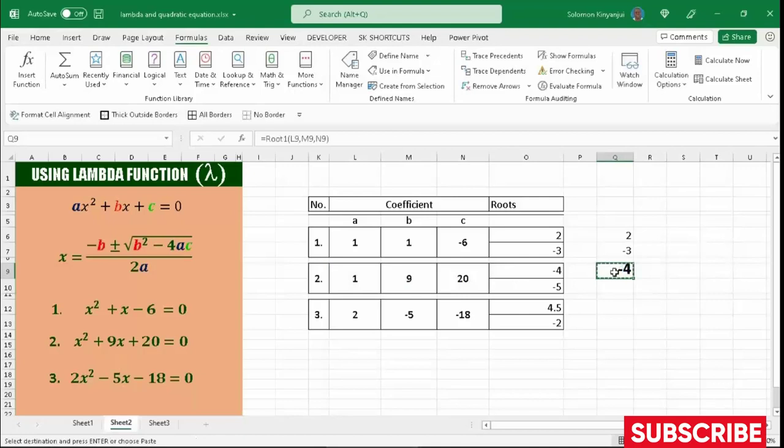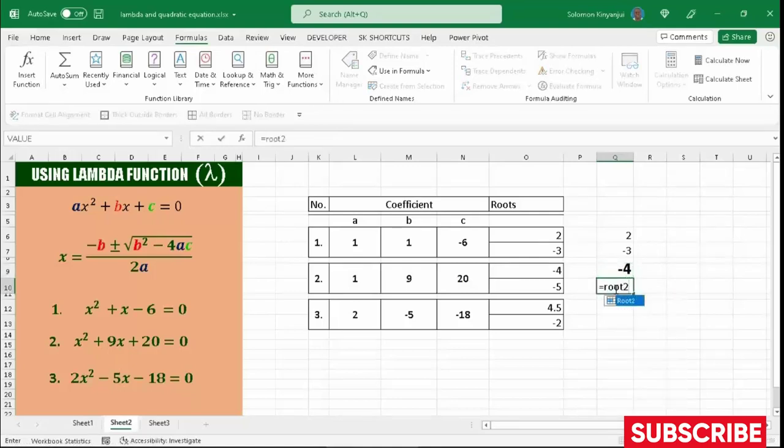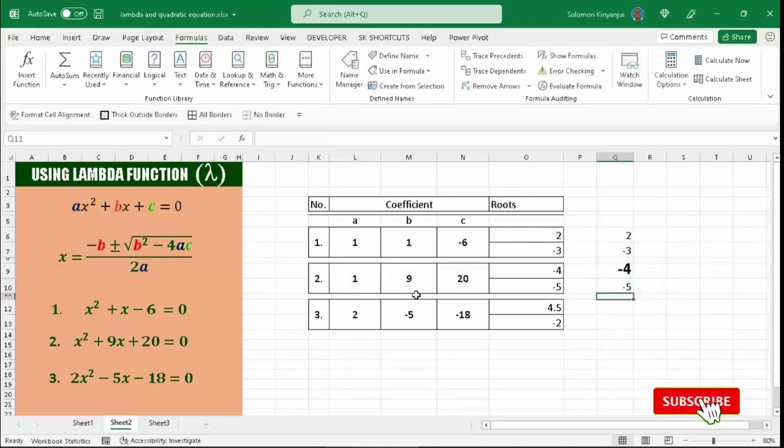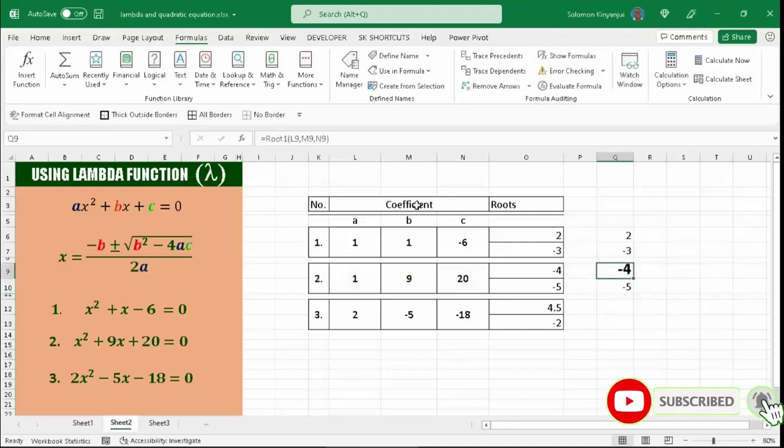So for the next one here, that is the other value, so you just type root 2. Then you have the first value there, the second one and the third one. So close bracket, and you have the values shown there.